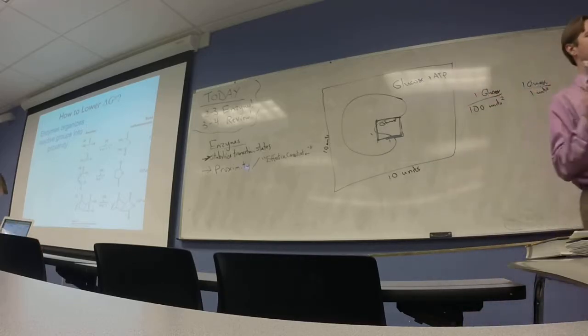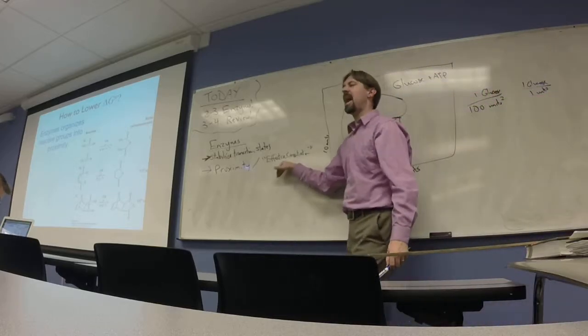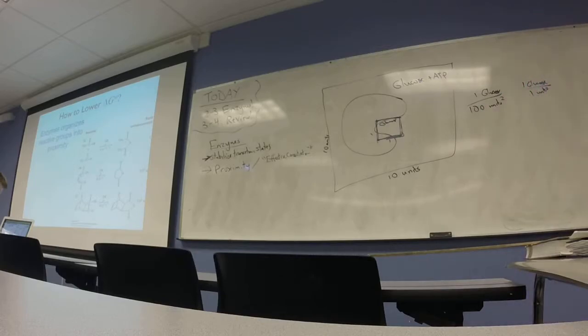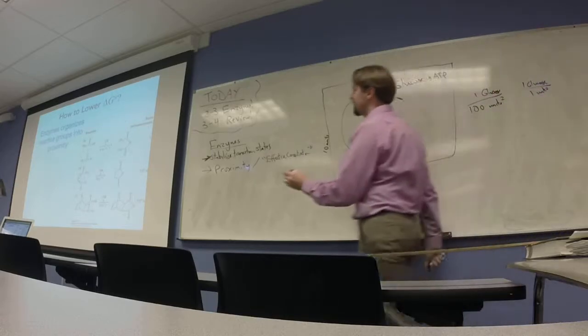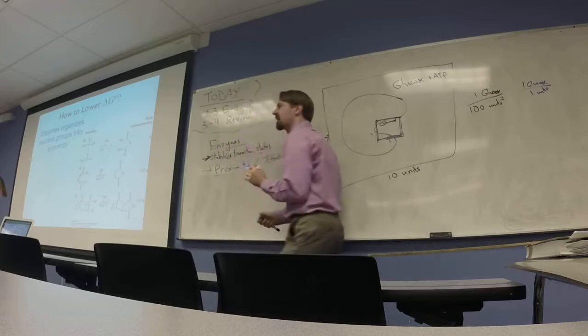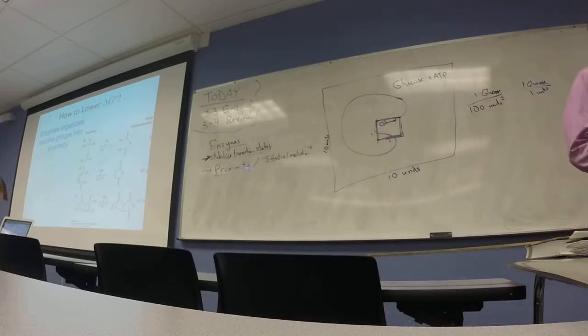So it gives us a way to relate this abstract concept to math, which apparently isn't abstract by that chain of logic. Good stuff there? So again, enzymes stabilize transition states. They have this proximity effect. These are all really good ways to make things happen.